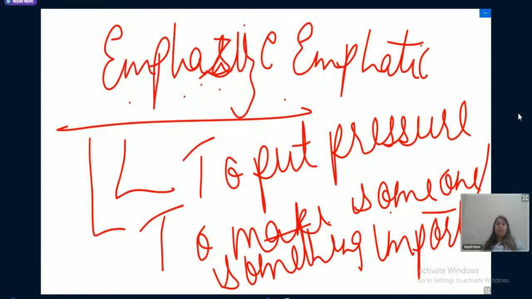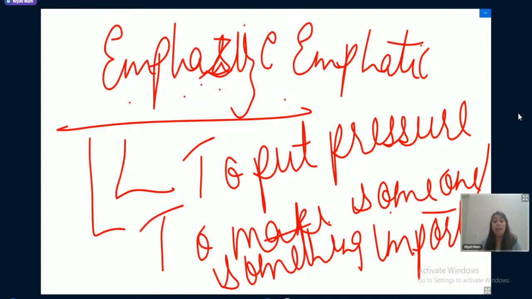Always remember that the emphatic pronoun is made from the word emphasize, and emphasize means to put pressure on something, to make someone or something important.